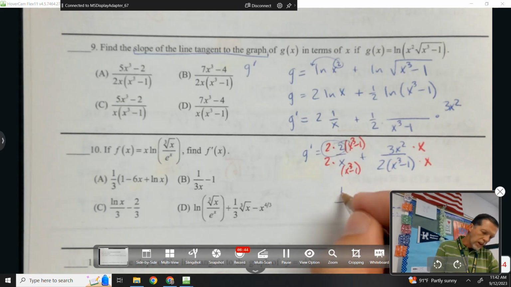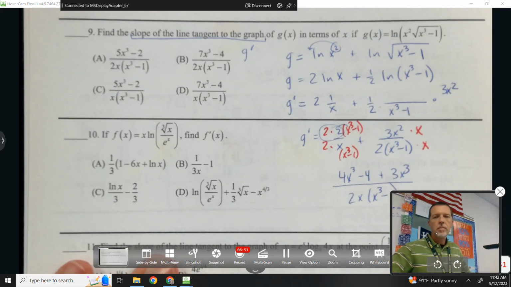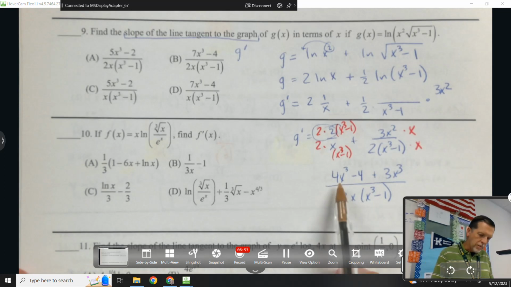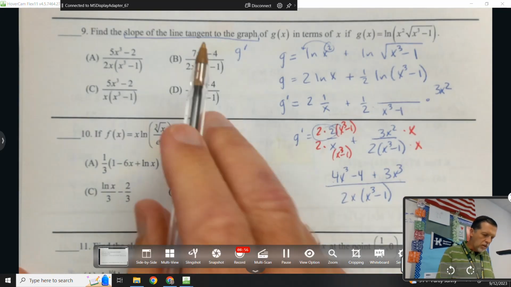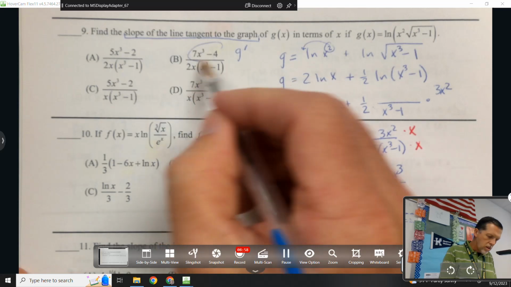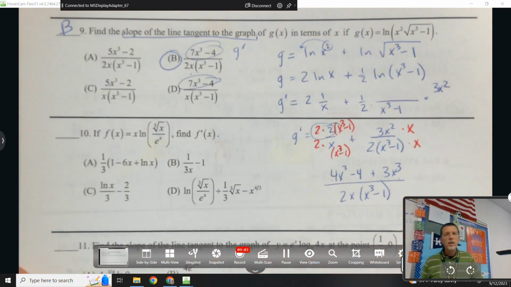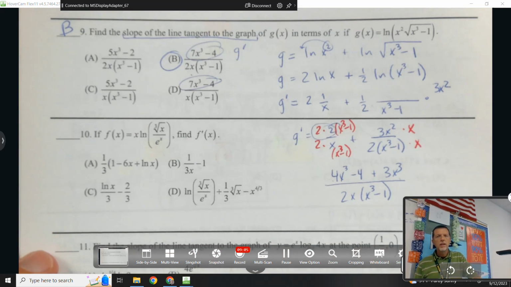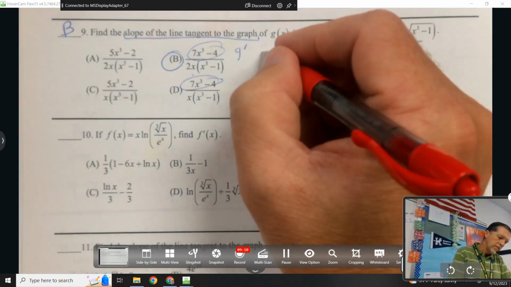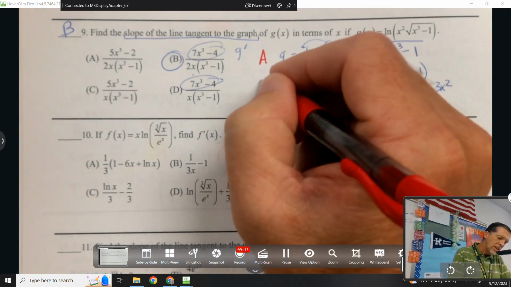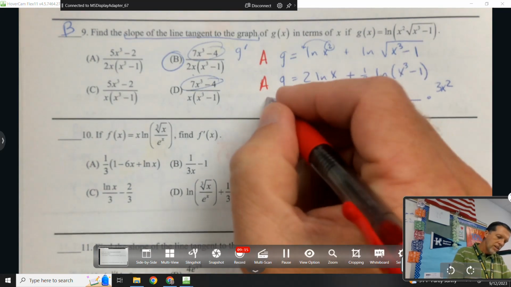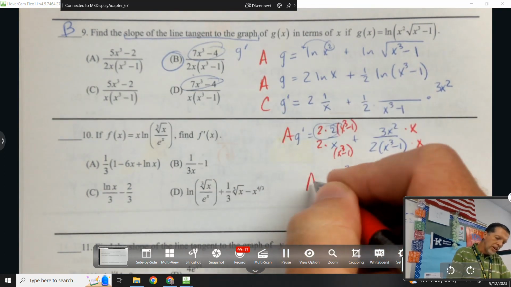Distribute the 4, I get 4x cubed minus 4 plus 3x cubed. Alright, so now I'm good. 7x cubed minus 4 over 2x, x cubed minus 1, so B. This is a great example of, if I label my steps, algebra, algebra, calculus, algebra, algebra.